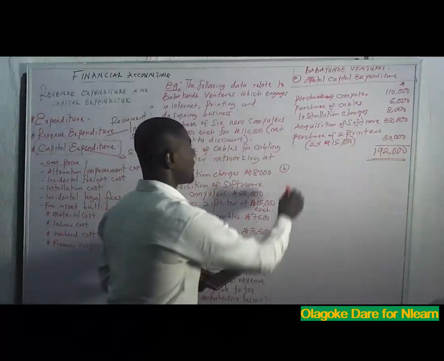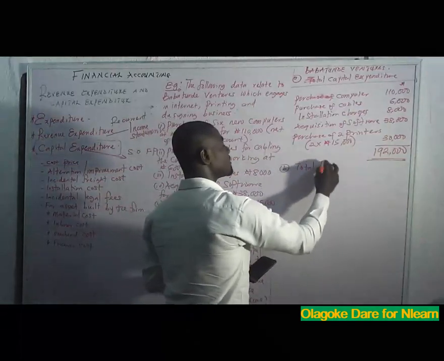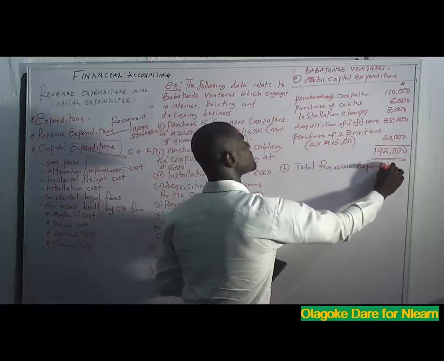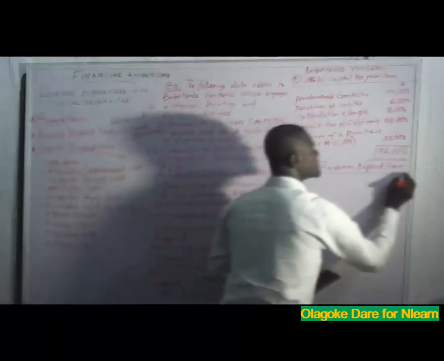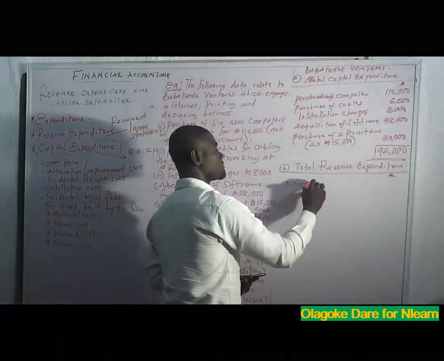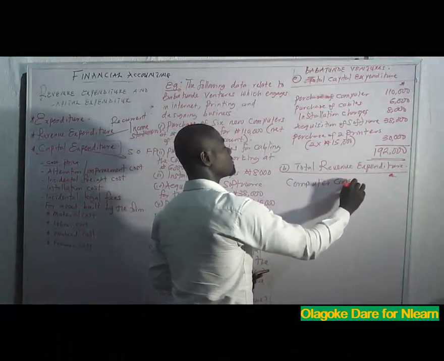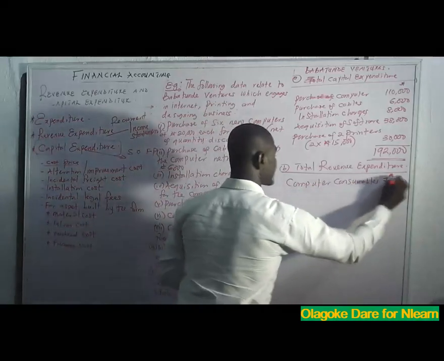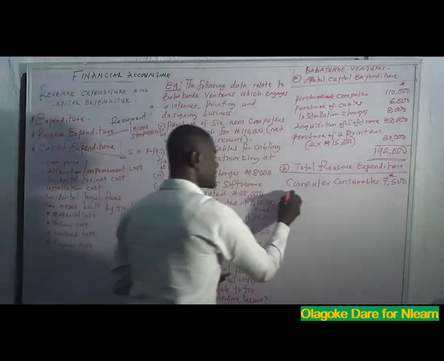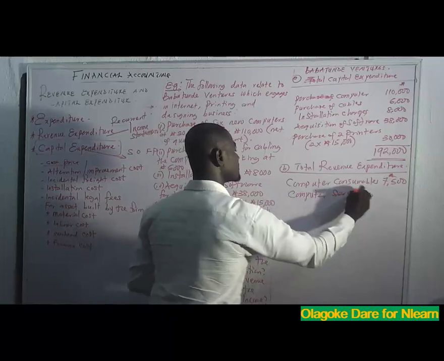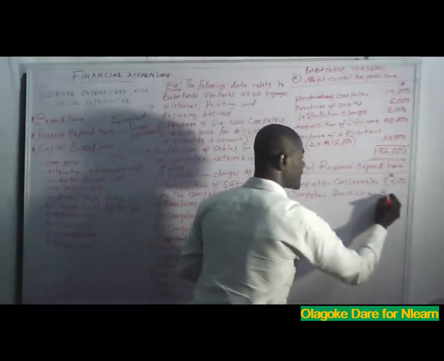Then let's look at our total revenue expenditure. The first thing we have here is computer consumables, 7,500, followed by computer servicing, 3,500.